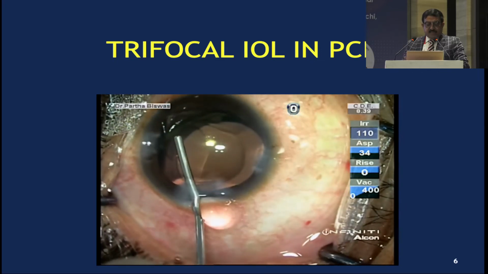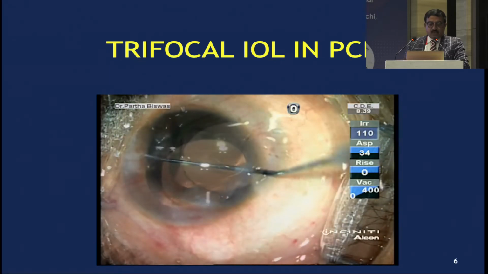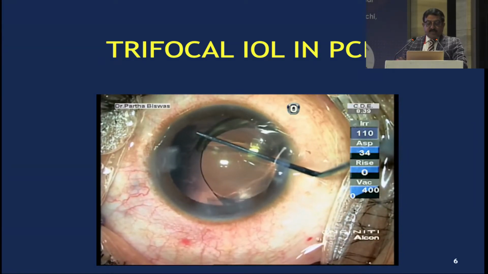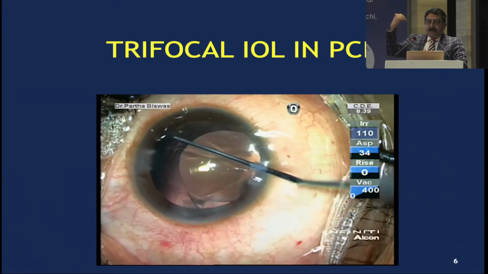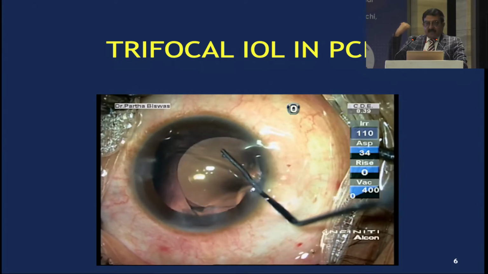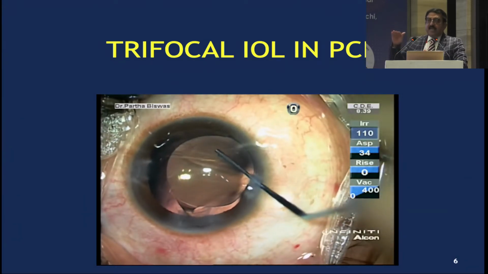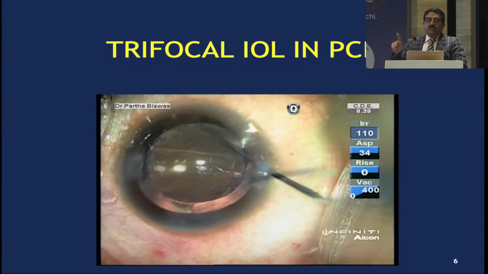So we are placing this trifocal lens in a PCR that has occurred, and as Dr. Prakash also showed very nicely, it is the folding of the haptic onto the optic that has to be done very well in the anterior chamber, landing it on the iris and never into the capsular bag with a ruptured PC.